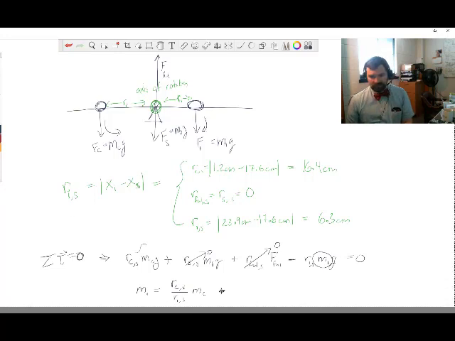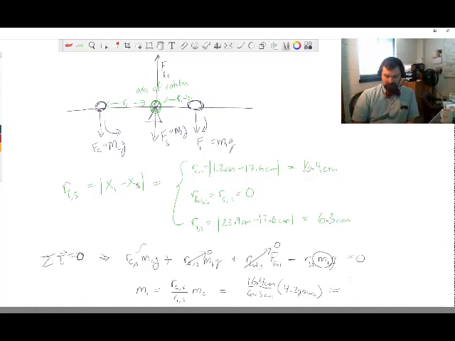So these terms right here are the things we found up here. This right here says that M1 must be 16.4 centimeters divided by 6.3 centimeters times 4.2 grams. So plug these into the calculator, and what do we get? We get 16.4 divided by 6.3 times 4.2.